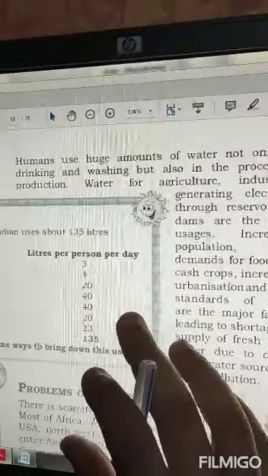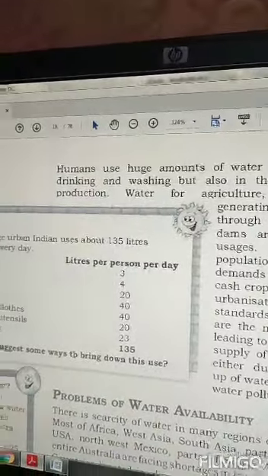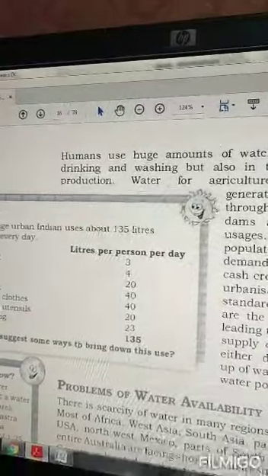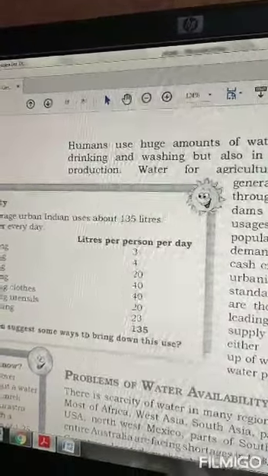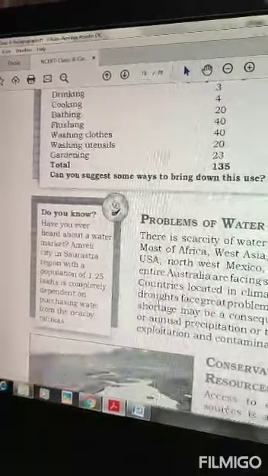Whatever we use, maybe a cloth, maybe anything, for the making of each and everything in industry, water is used. So this tells us that we need to save water.